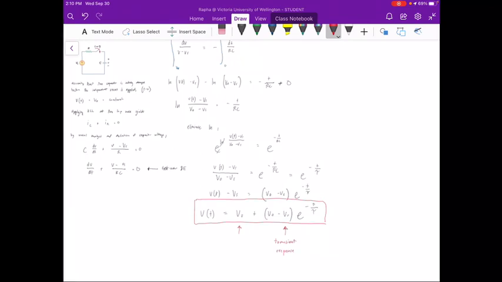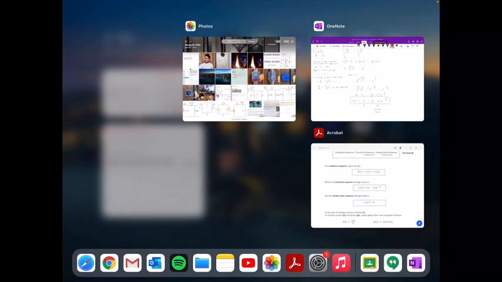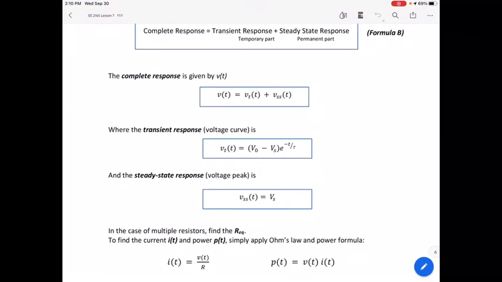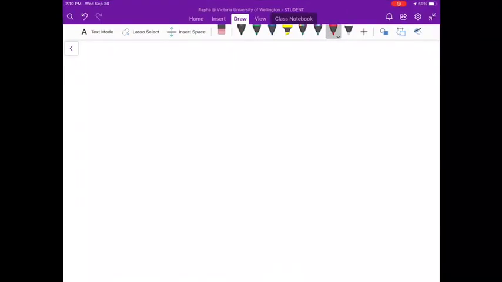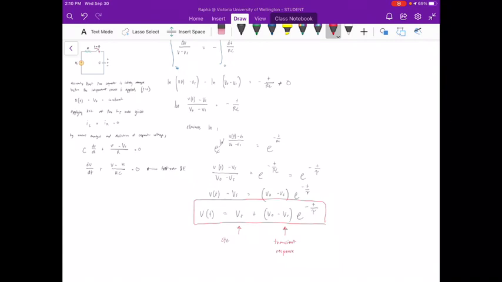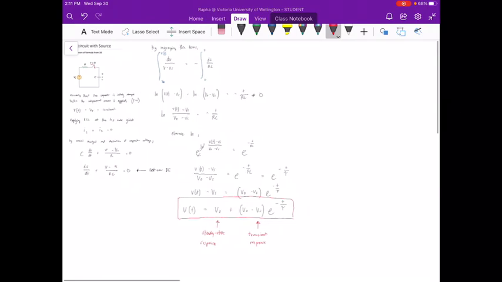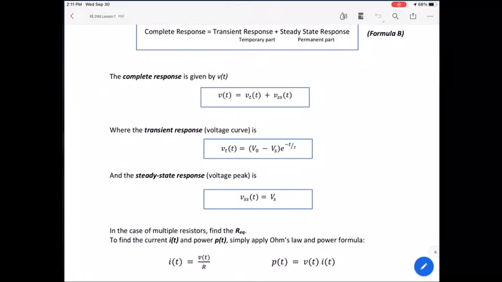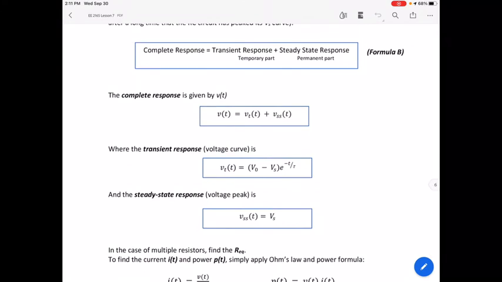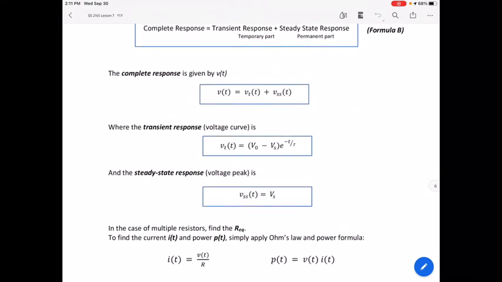And this part over here is our steady state response. So there you have it, the derivation of an RC circuit with a source. That is how we obtained this entire set of formulas.